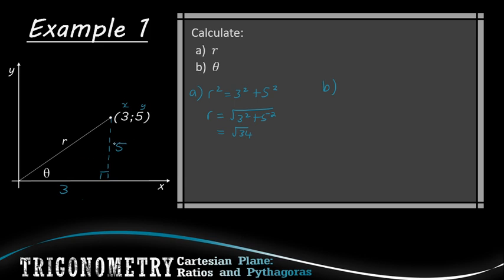The ones that are given are the opposite and the adjacent, and the ratio that includes both of those is tan. So tan of theta is equal to 5 over 3. To solve for theta, we have theta is equal to the inverse of tan of 5 over 3.